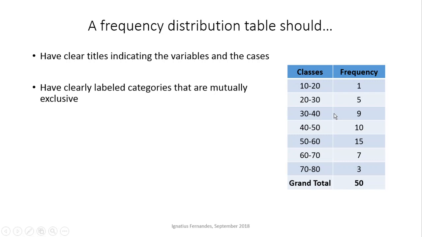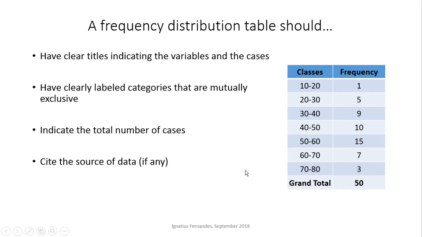In this case I have only one variable, but if you want to write Mumbai and Chennai in the same table, you'll have Mumbai and Chennai separately because they are mutually exclusive. So all mutually exclusive categories should always be separate in a table. Always mention the total number of cases. In this case there are 50 restaurants, so always mention the total at the end.